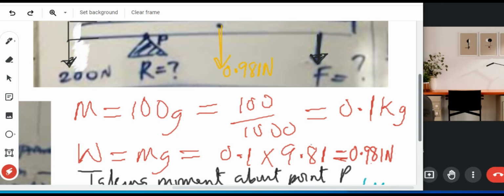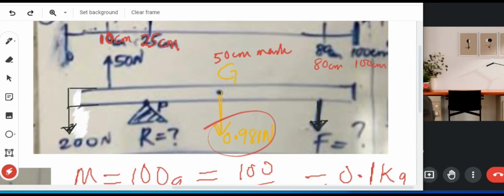The 0.981 Newton is the weight, which acts at the geometrical center, or the center of gravity, the 50 cm mark. The distance from this 50 cm mark to where the pivot is 25 centimeters, because the pivot is at the 25 centimeter mark, and the center of gravity where the weight acts is at 50 centimeters.